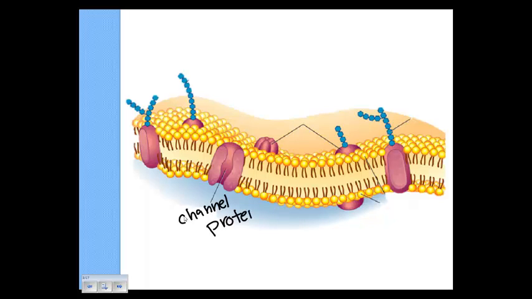There are also proteins that have carbohydrates, and those act like chemical identification cards, allowing individual cells to identify one another. We refer to these as marker proteins. And then there's the 2 layers of the phospholipids. Again, with the hydrophobic lipid tails turning towards the center, and the hydrophilic heads turning towards the outside.